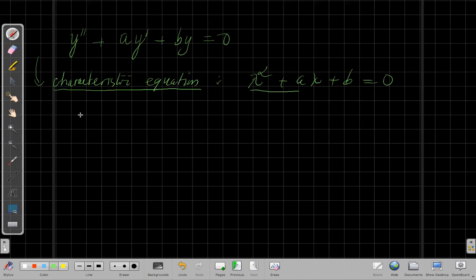To show this, we usually use the discriminant delta equal to a squared minus 4b, because the coefficient of lambda squared is 1.